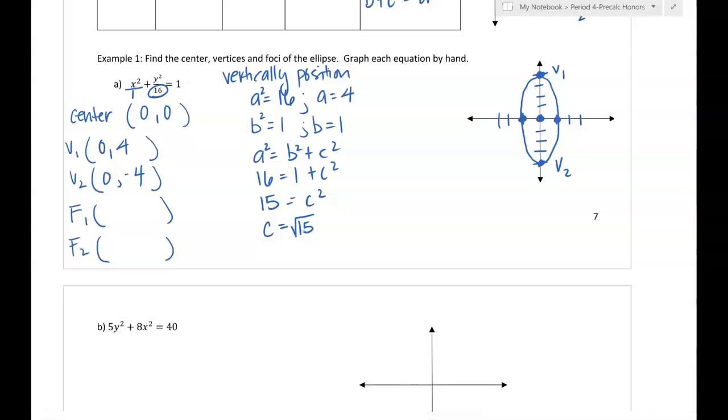So, I know the foci will be along the y-axis, since that's where the vertices are. So that means only the y-coordinate needs to change from the center. So the x-coordinates of focus 1 and focus 2 are maintaining the same thing. So I'm going to go 0 plus or minus square root of 15.